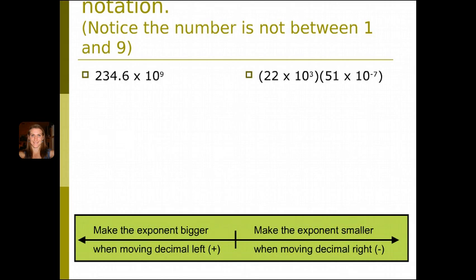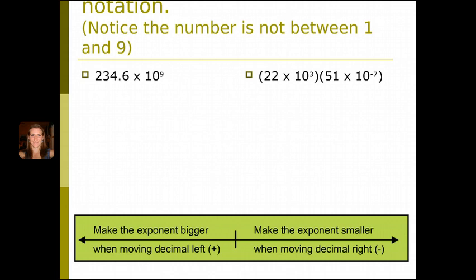Okay, we need to write these numbers in proper scientific notation. In this example, we notice that our number is not a number between 1 and 9.9. So we need to place the decimal in the correct spot.